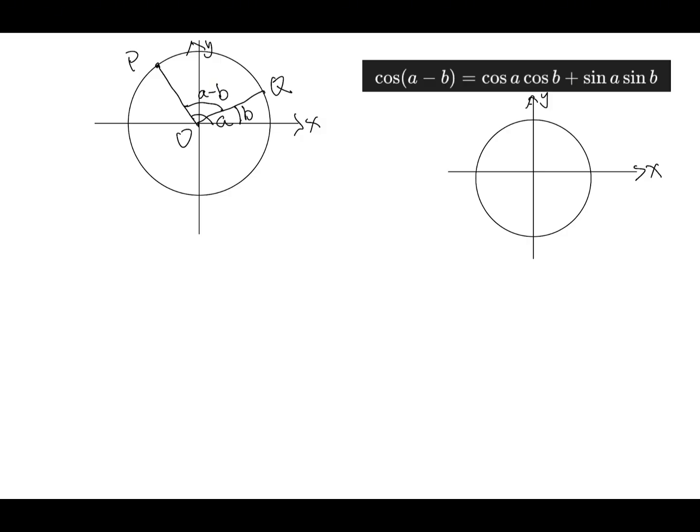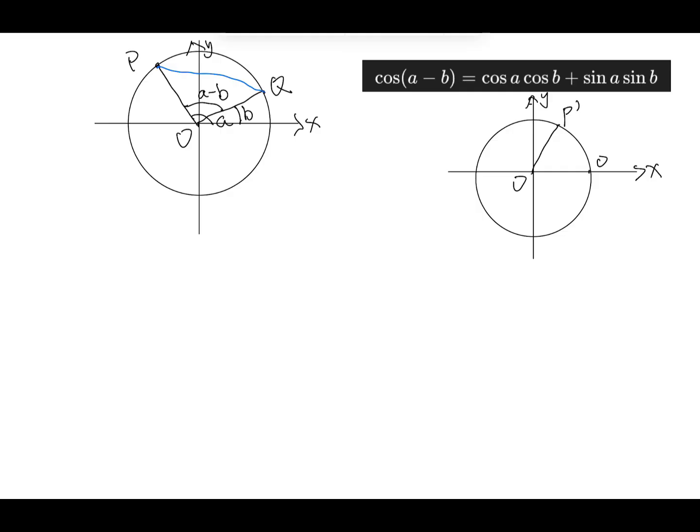But how do you find the cosine of this angle? You have to have one side of the angle to be on the positive x-axis, just like angle A and B, in order to solve for its cosine. So we can actually right here connect PQ and then simply rotate it to make OQ touch the x-axis, just like on the second one. We can write this as P prime, O, and Q prime.